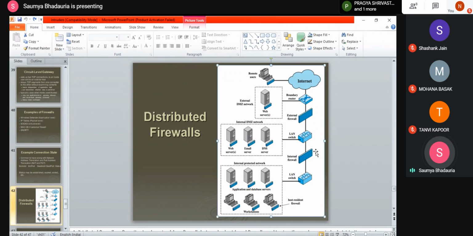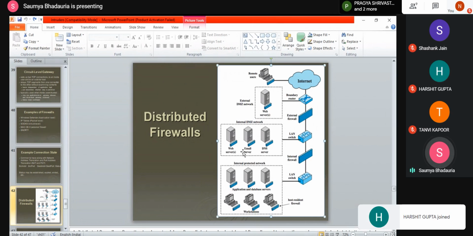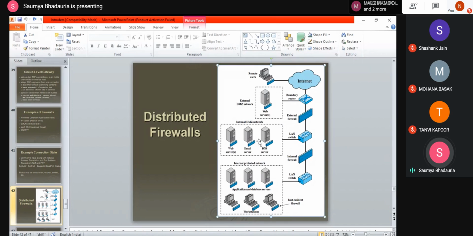So the first thing we can consider is that any spurious traffic which originates from this location and is directed to the protected network can be prevented by the internal firewall. What else can be done?